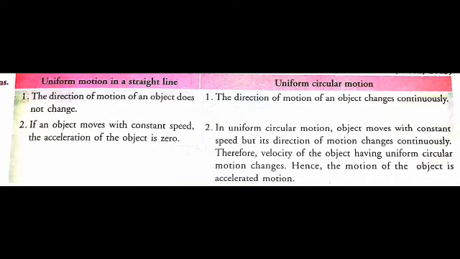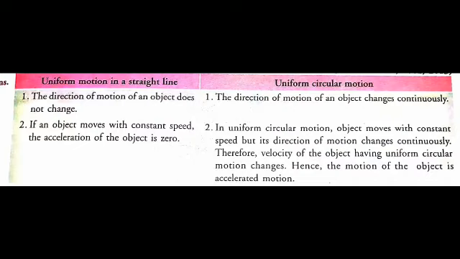For the next difference, here I have the difference between uniform motion in a straight line and uniform circular motion. The very first point of difference is, in uniform motion in a straight line, the direction of motion of an object does not change, whereas in uniform circular motion, the direction of motion of an object changes continuously.